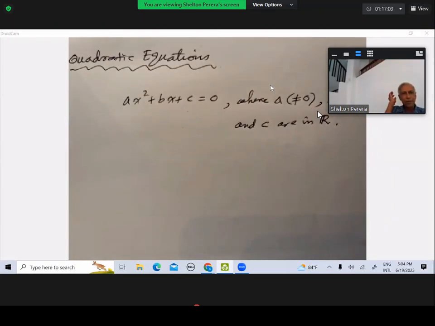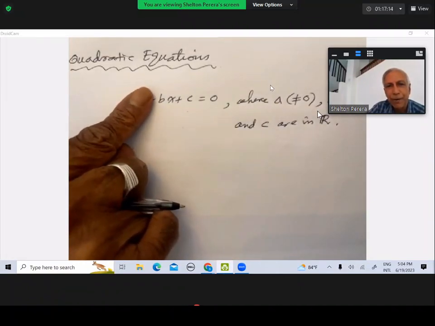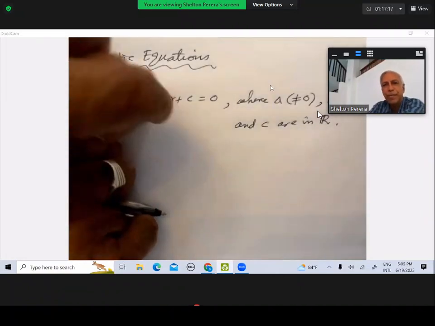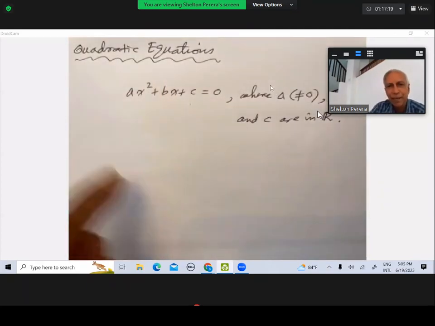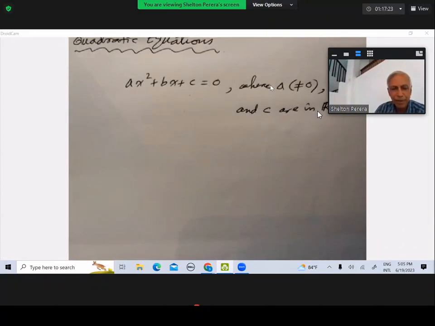R is the set of all real numbers, no symbol. See, different ways of saying the same thing. So if a is equal to 0, no x squared term is there. If b is non-zero, it would be a linear equation then. So a should not be 0.